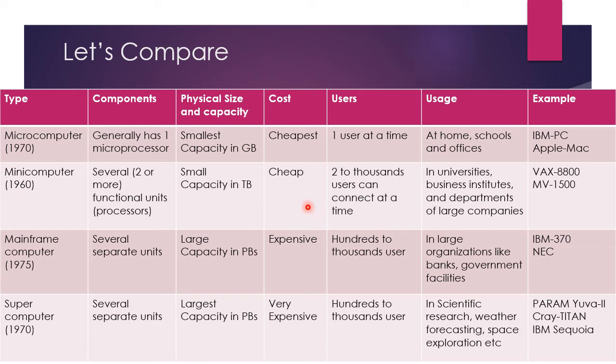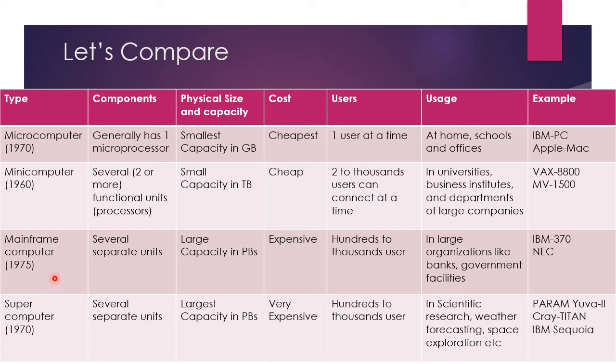When we say cheap, it means they are cheaper than mainframe computers and supercomputers. At a time, two to thousands of users can connect to one mini computer. It is basically used in universities, small business institutes, and departments of large companies. Examples are VAX 8800, MV 1500.